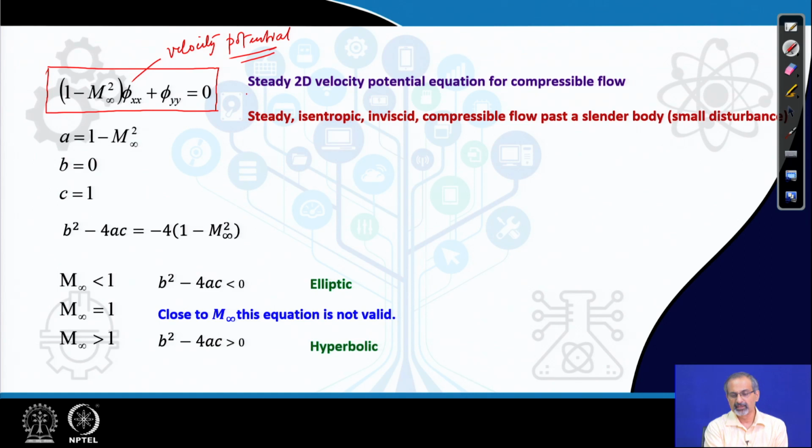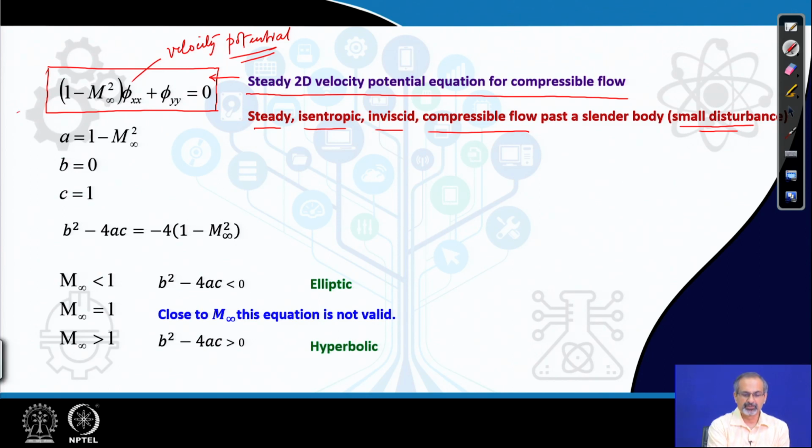So, if you apply it in a steady 2-dimensional form, then this is how it will look like in the xy plane. So, we are talking about steady isentropic inviscid compressible flow past a slender body, which is essentially a small disturbance source or a small perturbation source.